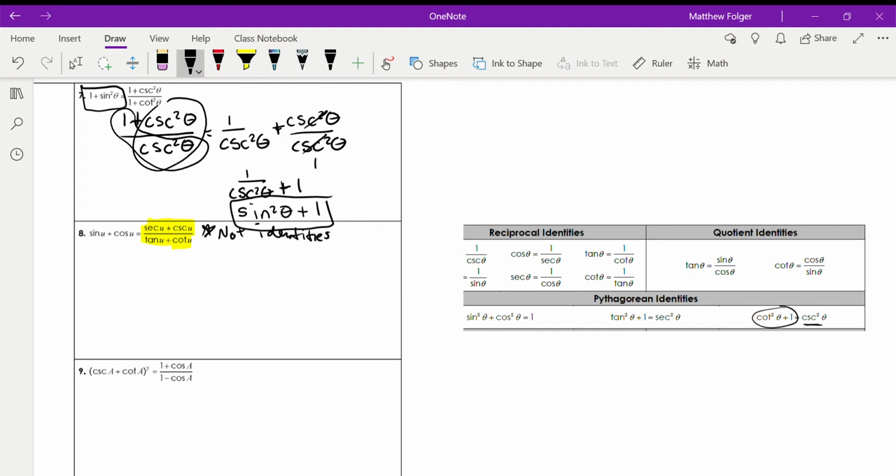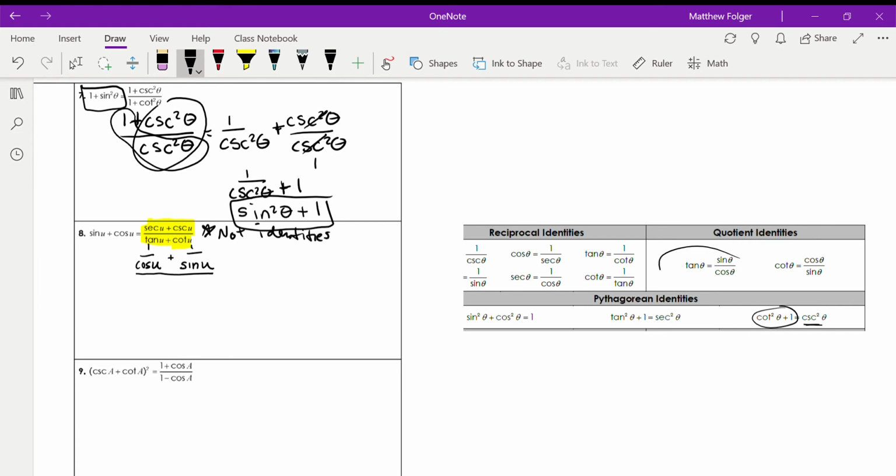But what we can do is revert back to the most basic thing, which is turning everything into sine and cos. So we're going to get a pretty complicated fraction here, but let's see what we get. Secant is 1 over cos u, plus cosecant is 1 over sine u. What about tangent?